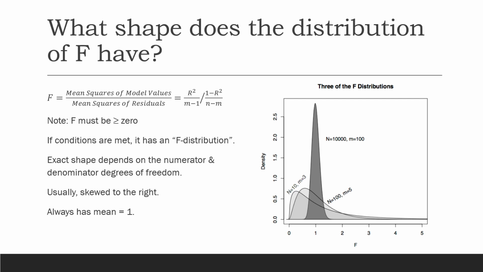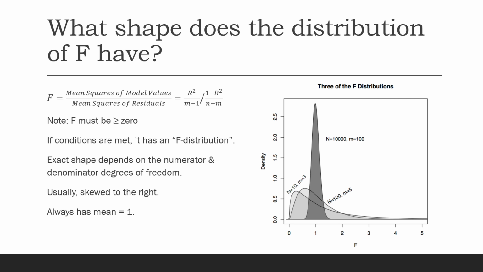So you may have noticed that this F distribution had a shape that was very skewed to the right. And just talking generally about the shape of the distribution of an F statistic, note that because we've got mean squares over mean squares, they are always going to be non-negative, and certainly are going to be positive unless all of my responses have exactly the same value, which is unlikely.